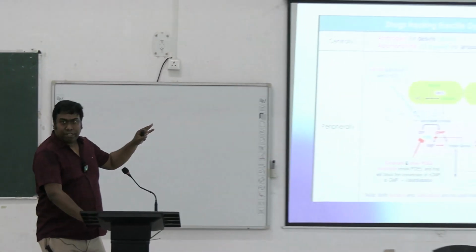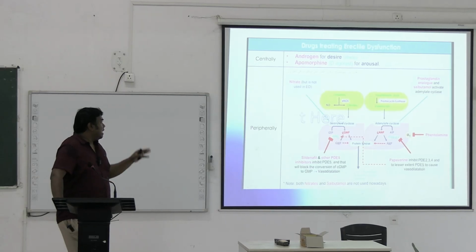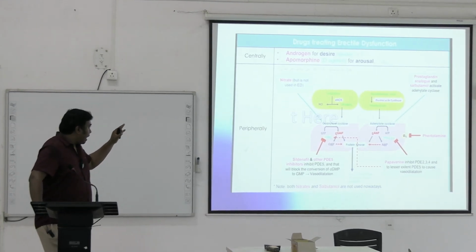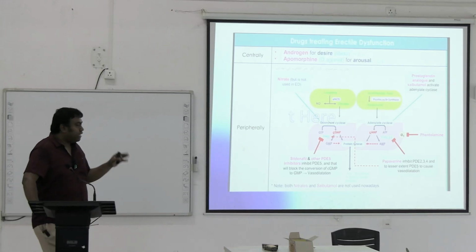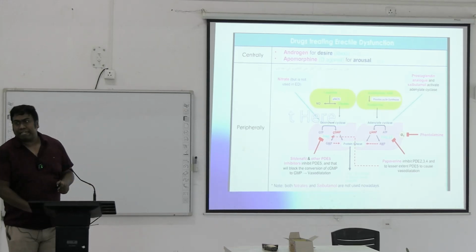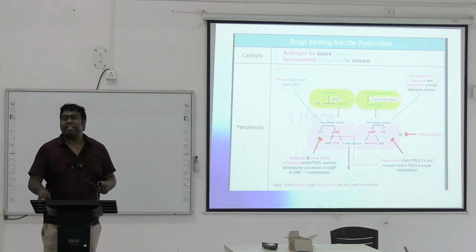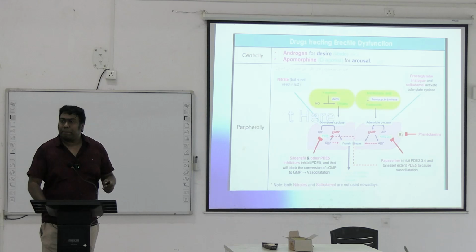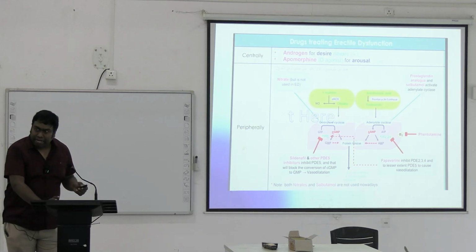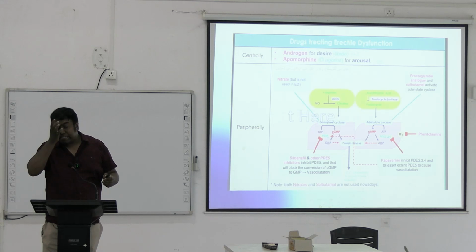So, centrally acting androgen increases desire, how can it help in erectile dysfunction? Apomorphine increases arousal. Nitrates, prostaglandin analogs, papaverine and sildenafil all act with a similar action. They increase cGMP and release NO. If there is a release of NO, what happens? Vasodilation. Vasodilation of the corpus cavernosum capillaries is important.